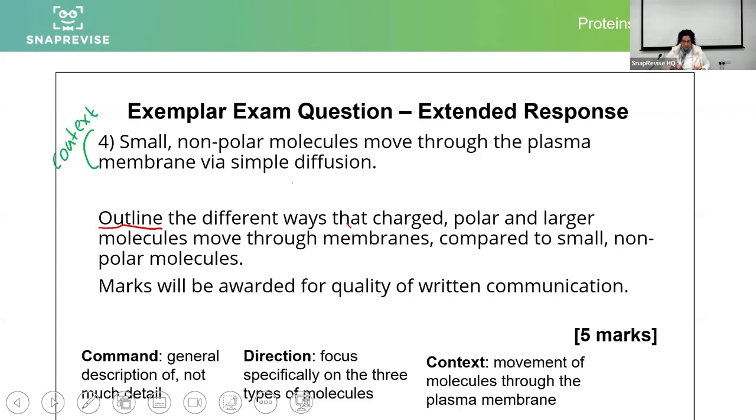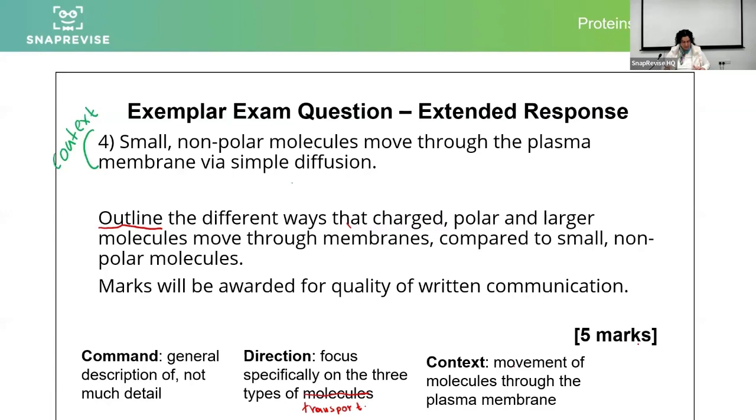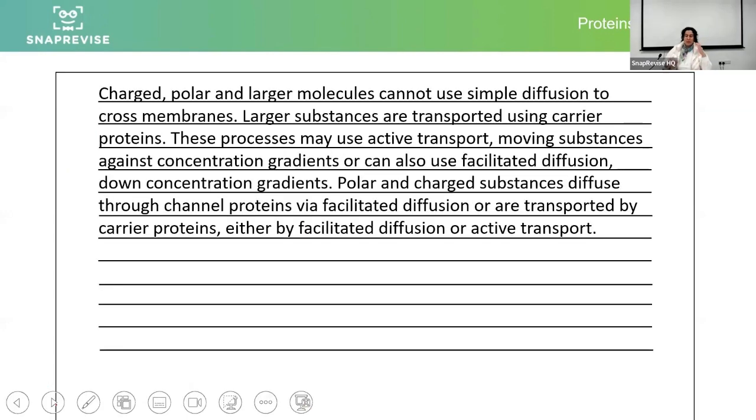And the direction, you focus on the three types of transport, sorry, I should say here, not molecules. Transport. Well, the three types of molecules that move with the three different types of transport. And this is, of course, a 5 marker. So there's a little bit of information that we have to say here.